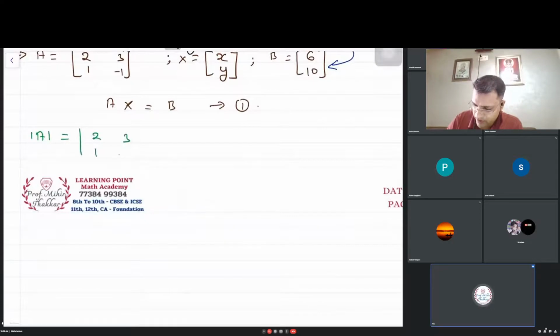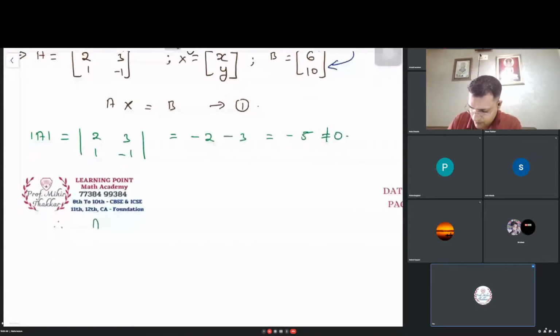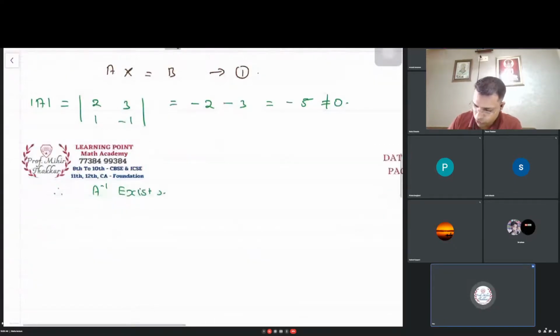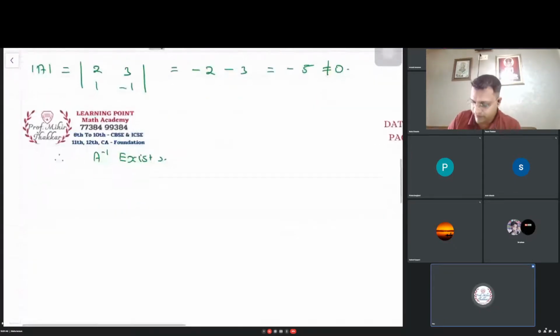2 into minus 1, minus 2, and minus 3, that's minus 5. Of course, not equal to 0. Therefore, A inverse definitely exists over here. So because A inverse exists, I will quickly find out all the cofactors. First, always write the formula without fail.